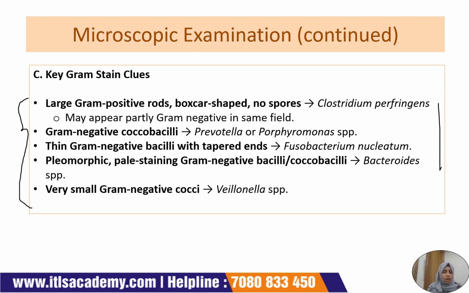Pleomorphic, pale-staining gram-negative bacilli or coccobacilli indicate that Bacteroides species are present in the specimen. If very small gram-negative cocci are visible in the gram stain, it shows Veillonella species in the specimen.